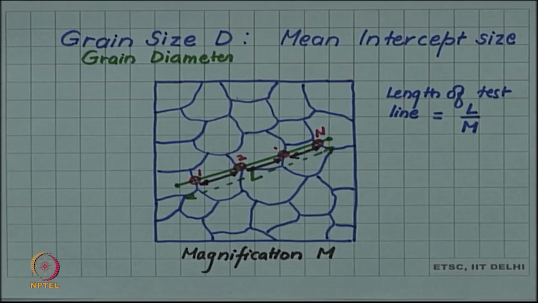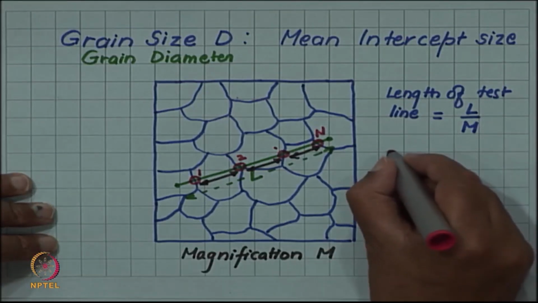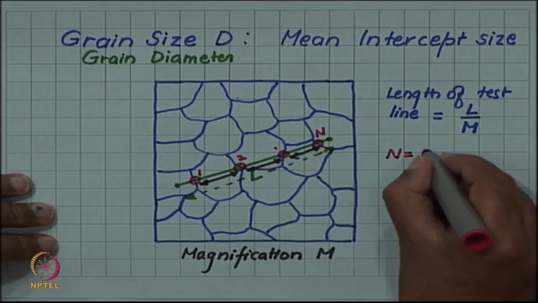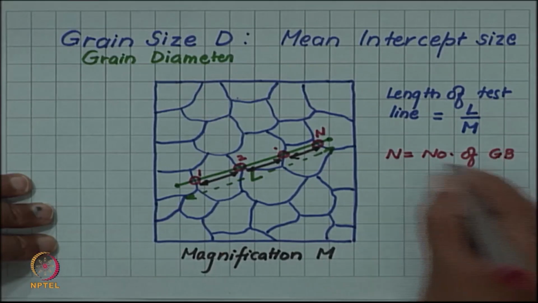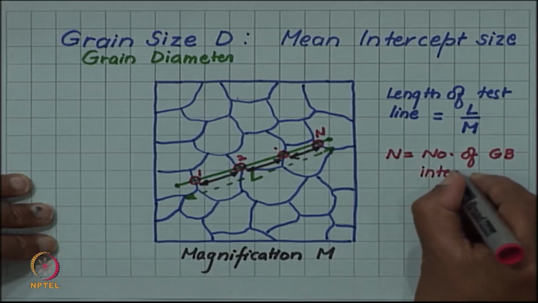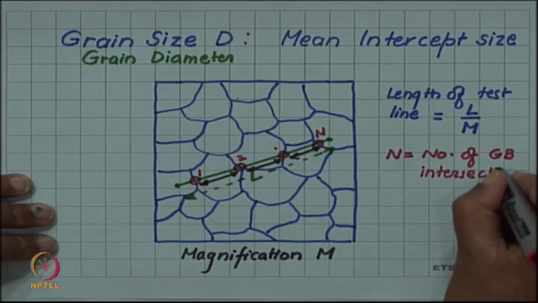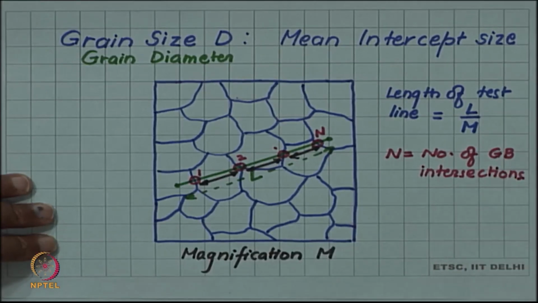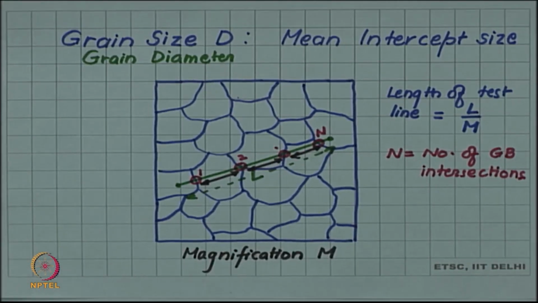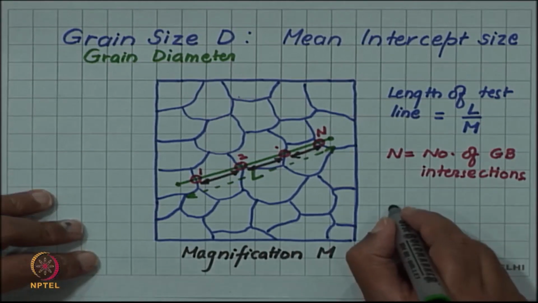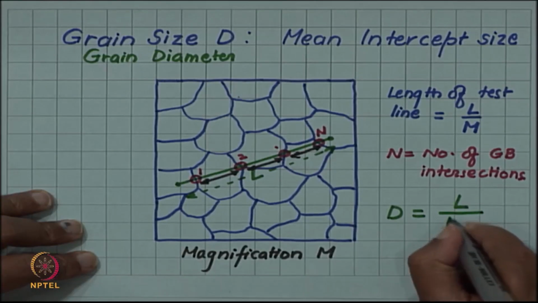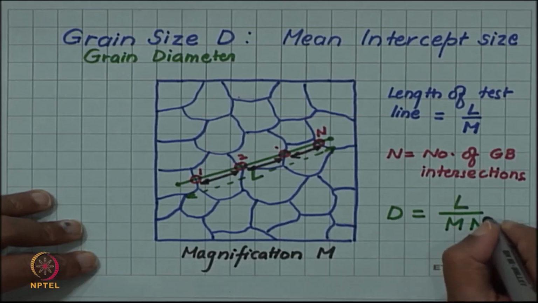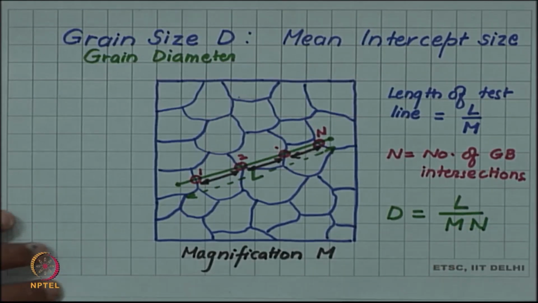So, if there are n intercepts, or n grain boundary intersections, then we define the grain diameter d simply as the length of the test line, which is L by m, divided by the number of these intersections.